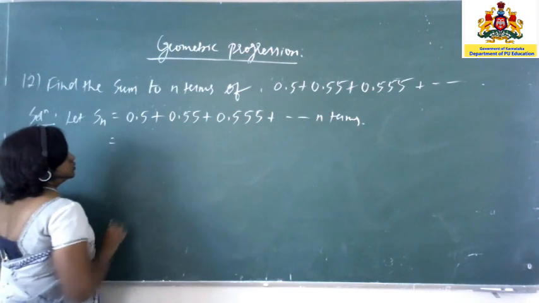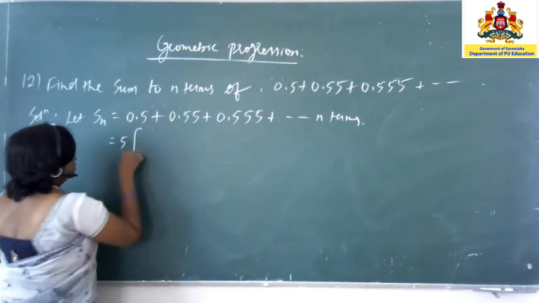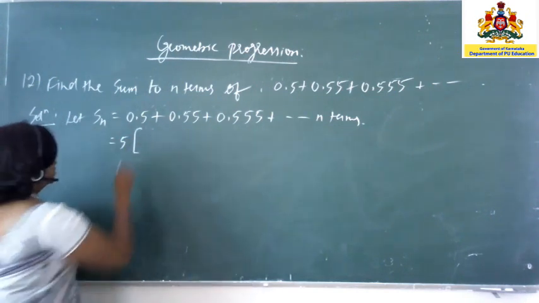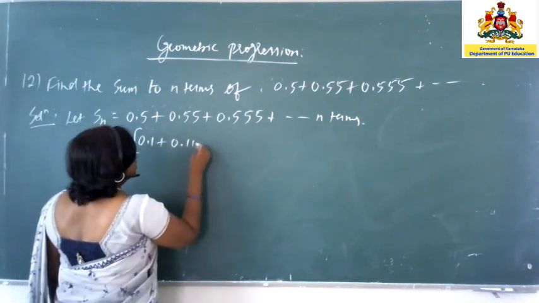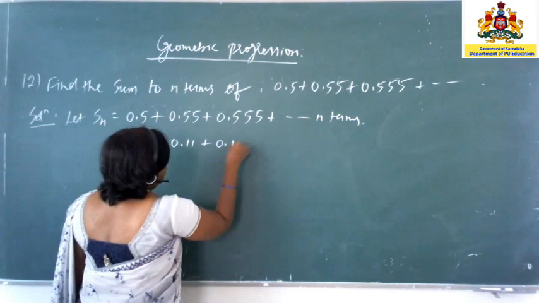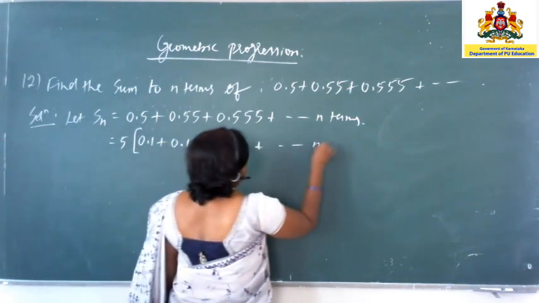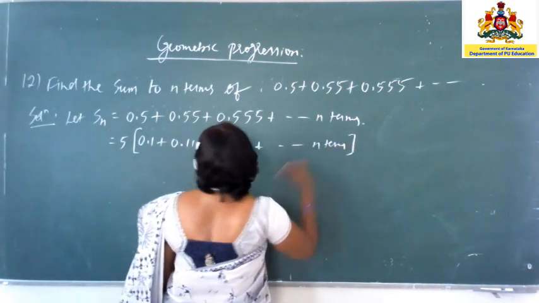That is equal to, take out 5 outside. So 0.1 plus 0.11 plus 0.111 plus so on up to n terms.